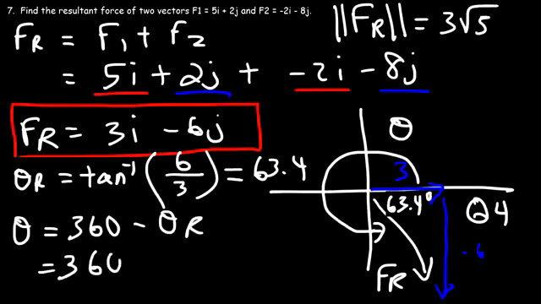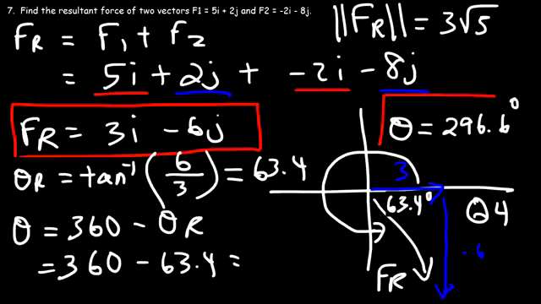And the reference angle is always an acute angle between 0 and 90. So our reference angle in this example is 63.4. If we take 360 and subtract 63.4, we get this angle, which is 296.6 degrees. And that is the answer.